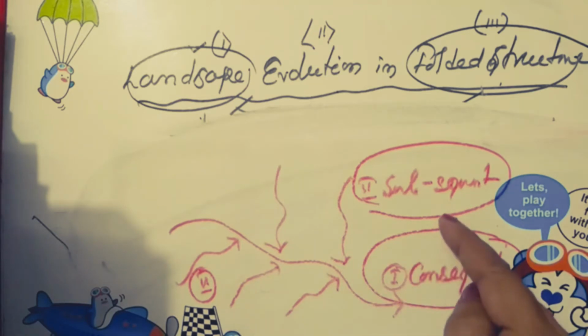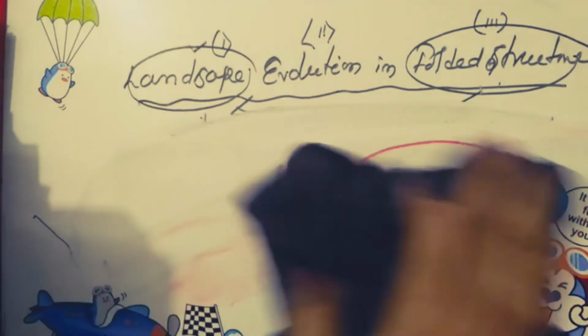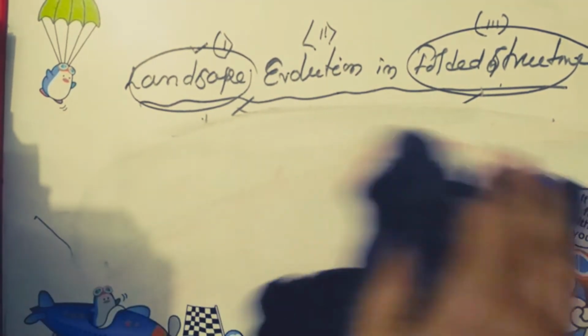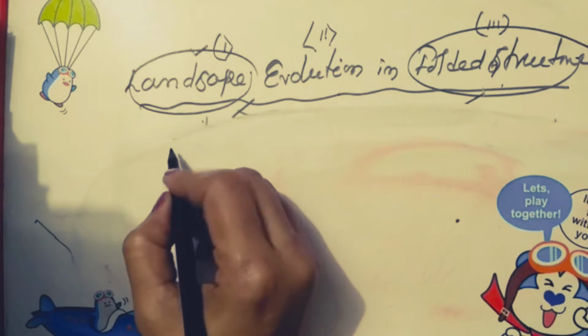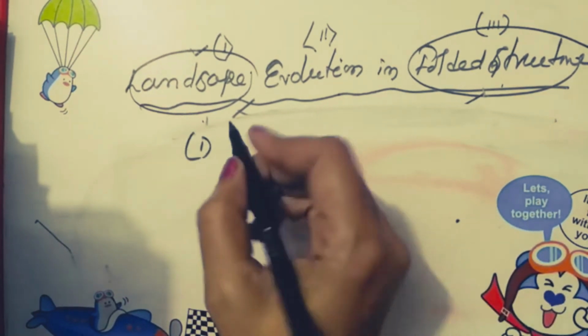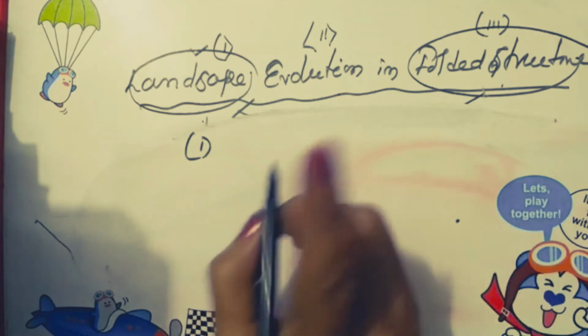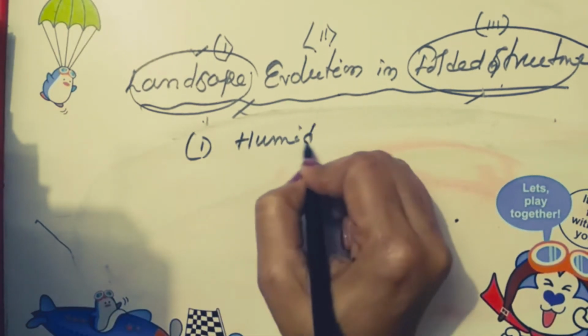Both act as agents of landscape evolution. Okay, so now we come to the theoretical part. When we write down the theory, first is the condition for the landscape evolution. First condition: humid climatic condition.